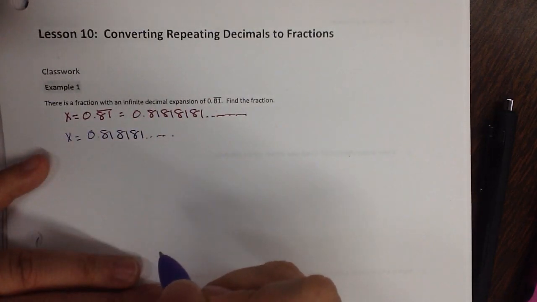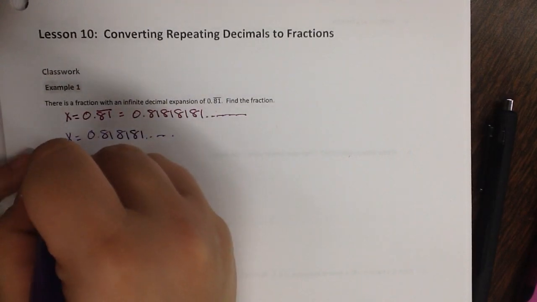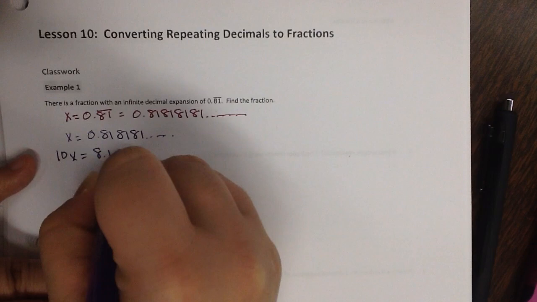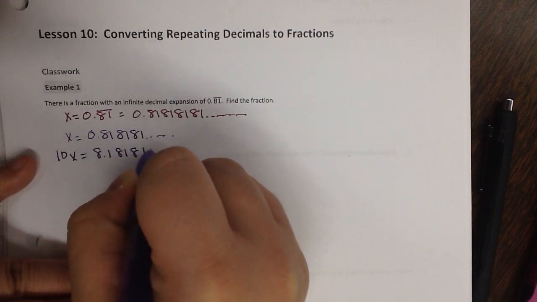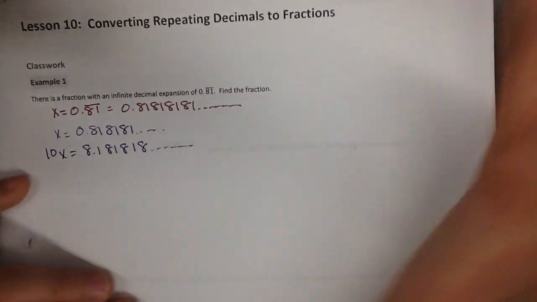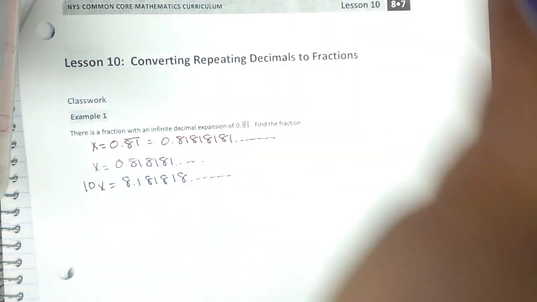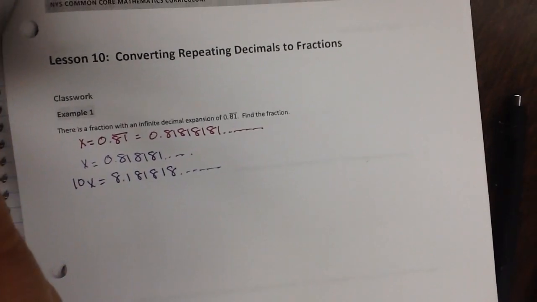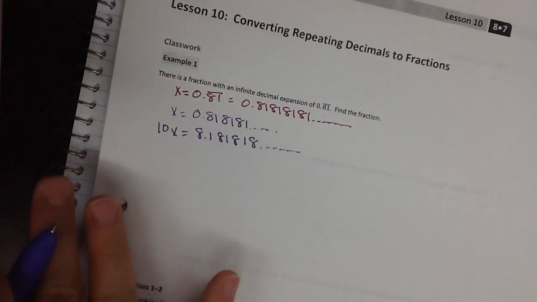If I multiply both sides by 10, I'd get 10x equals 8.181818 repeated.